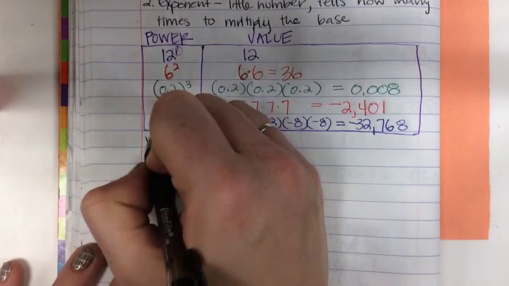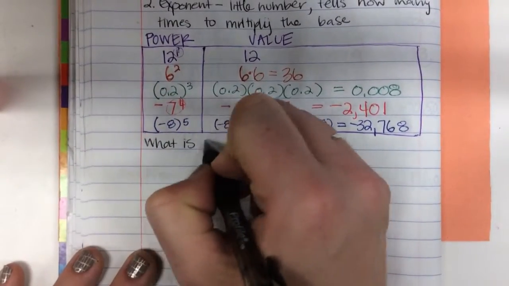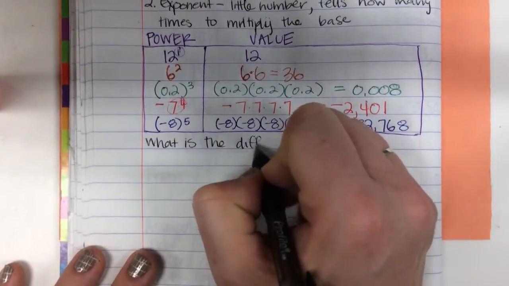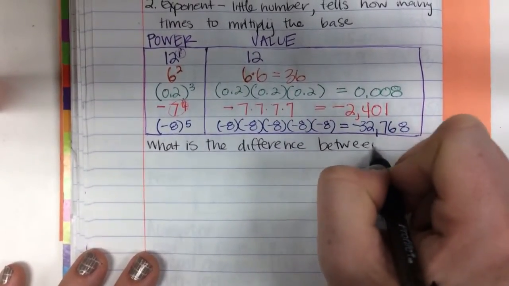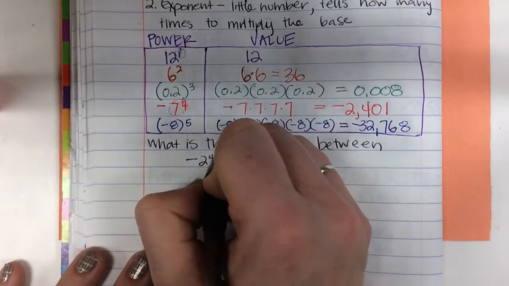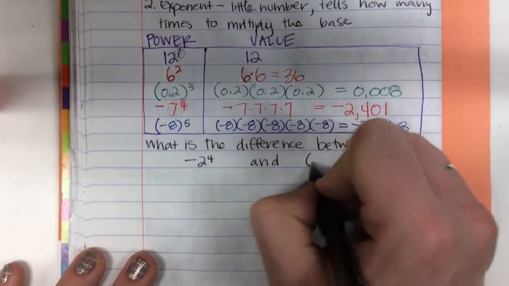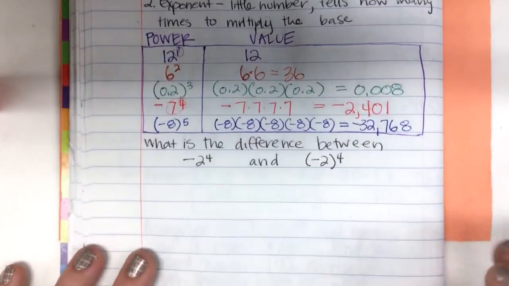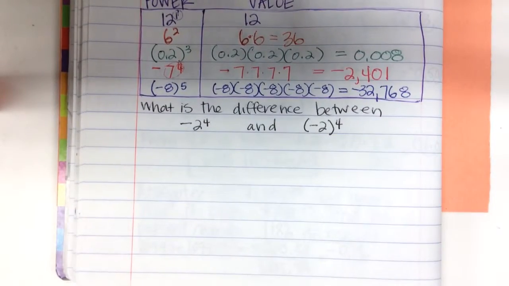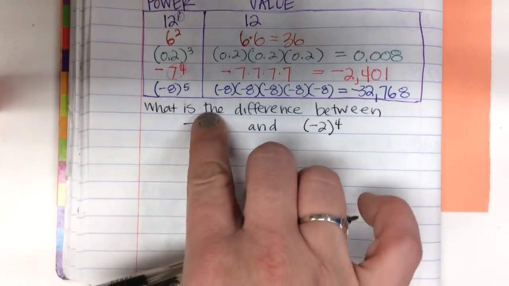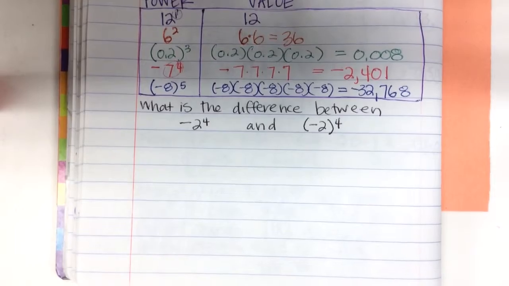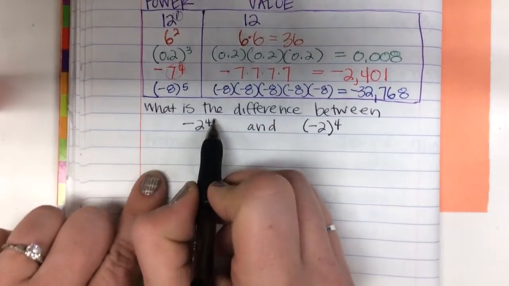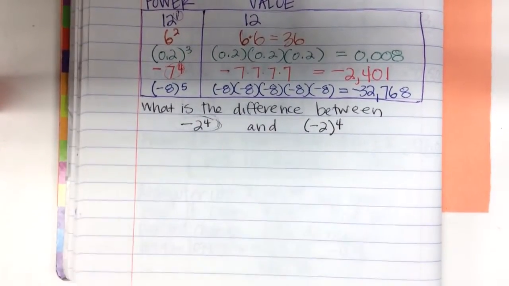So I ask you, what is the difference between negative 2 to the fourth and negative 2 to the fourth? Because no matter how I read them, they're the same. But there's a difference. It touches different things. What does this right here mean?